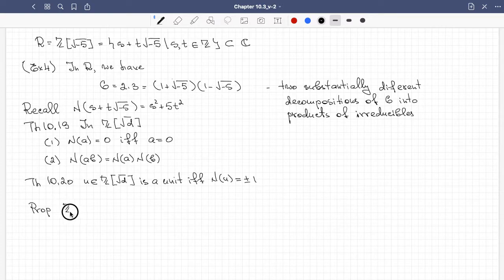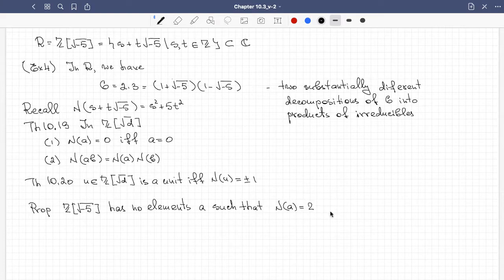So this ring, Z of root of negative 5, the integral domain, has no elements A such that norm of A is 2 or norm of A is 3.